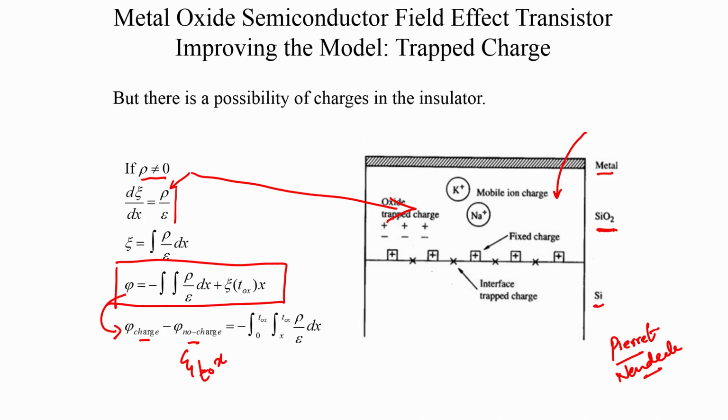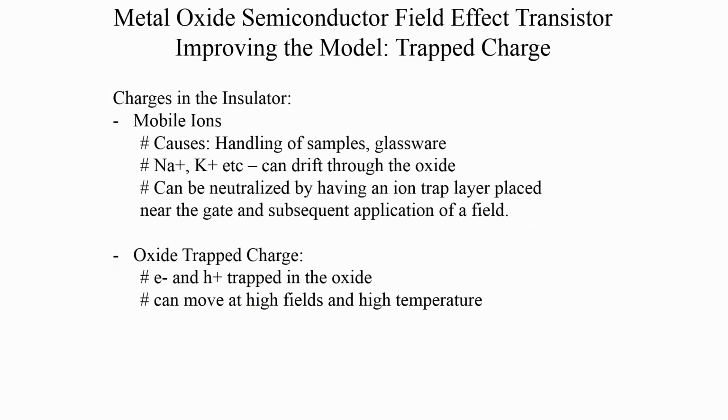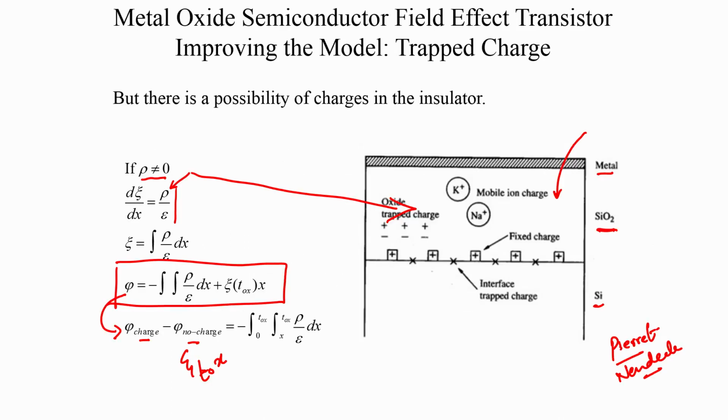Of course, we have ignored any constant potential applied across the insulator, and therefore, the difference between these two terms is this particular entity that crops up here. So, therefore, you do have a potential difference that can vary depending on the amount of charge trapped in the insulator.